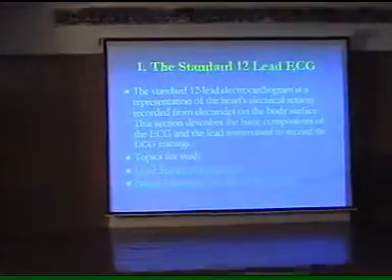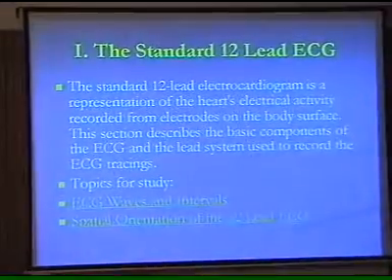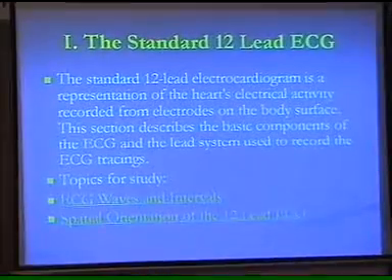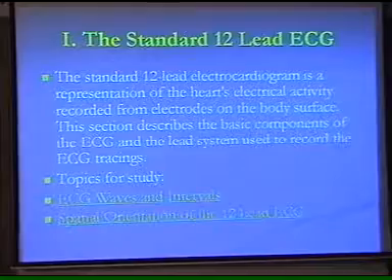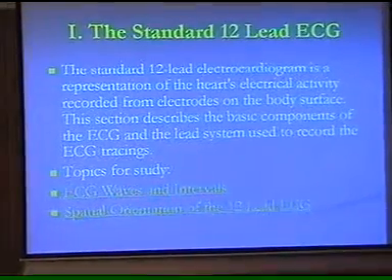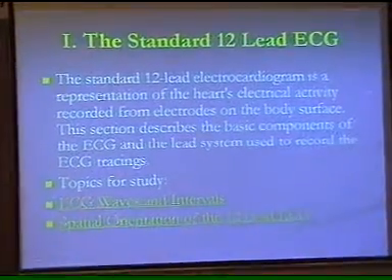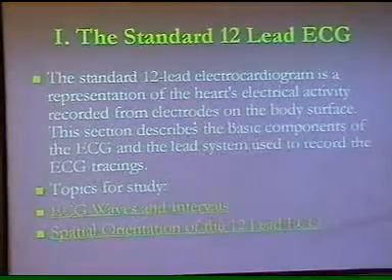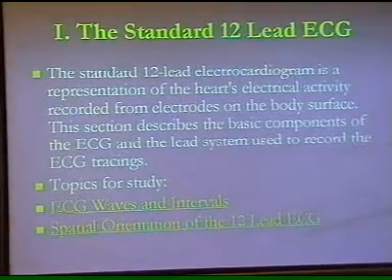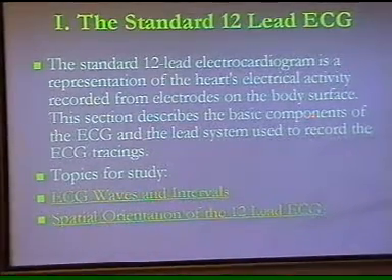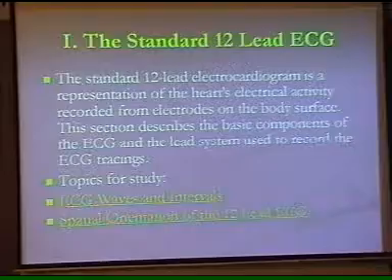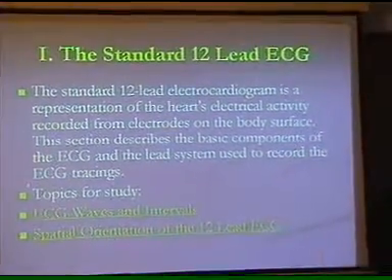Let's start next. The 12-lead ECG basically is a representation of the heart's electrical activity recorded from electrodes on the body surface. In this section, we will be describing the basic components of the electrocardiogram and the lead system used to record the ECG tracing.